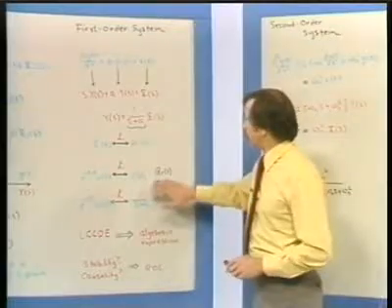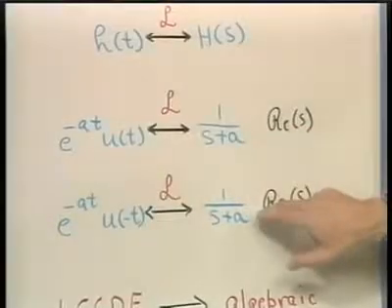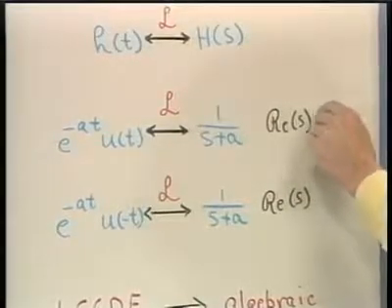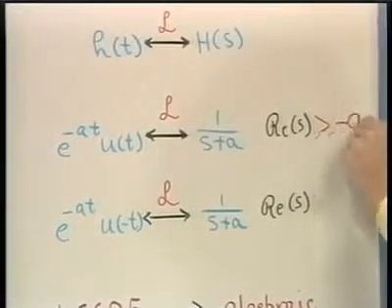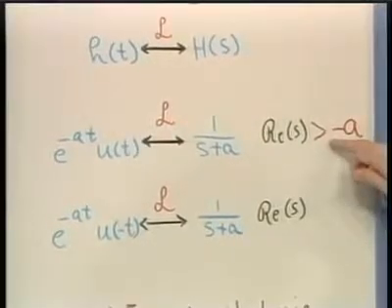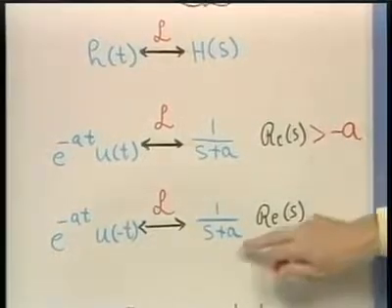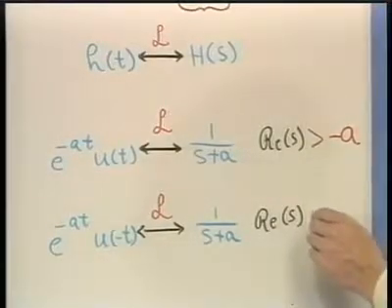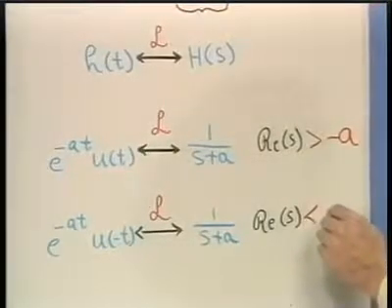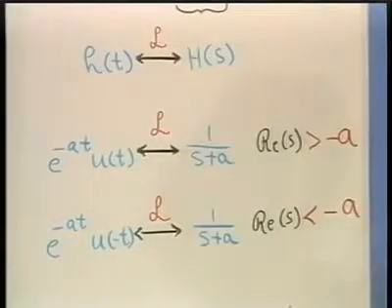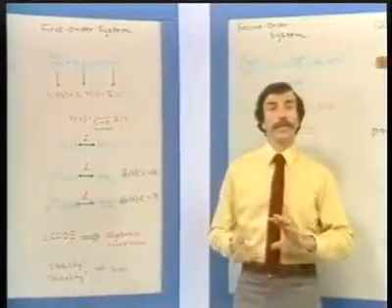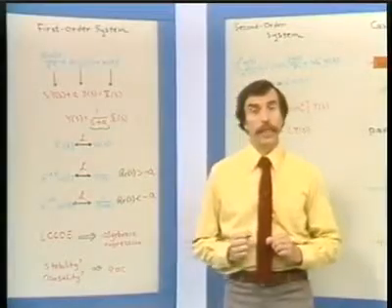Well, recall that the difference between these was in their region of convergence. And in fact, in this case, this corresponded to a region of convergence which was the real part of s greater than minus a. In this case, this was the corresponding Laplace transform, provided that the real part of s is less than minus a. So we have to decide which region of convergence we pick.